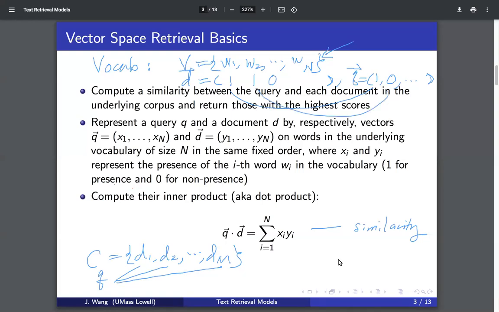So whatever is 1 here, you look at the corresponding coordinate to see whether D also contains that word. That is the dot product. A simple normalization of the dot product is called cosine similarity. That's what we're going to see next.